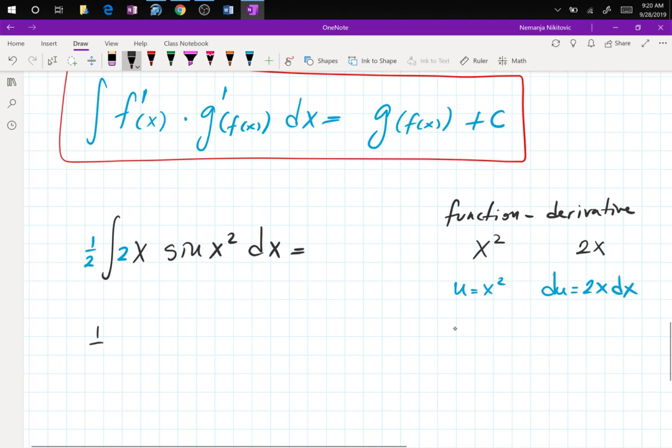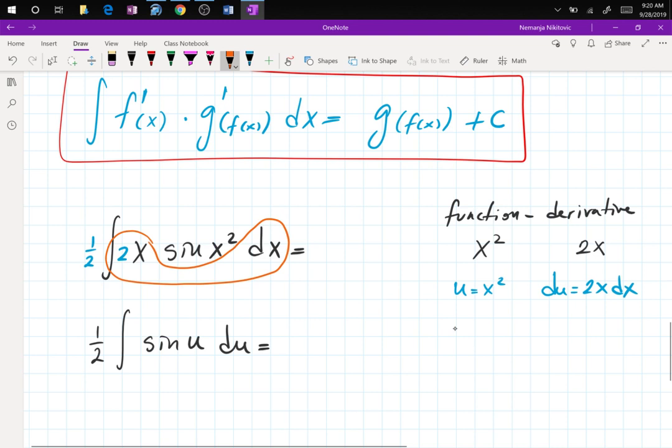So now I have 1/2 integral of sine u du. If I go here in this peanut, I have the du, and then you have sine of x squared, but x squared is u, so sine u. So that's how we organize and do the substitution.